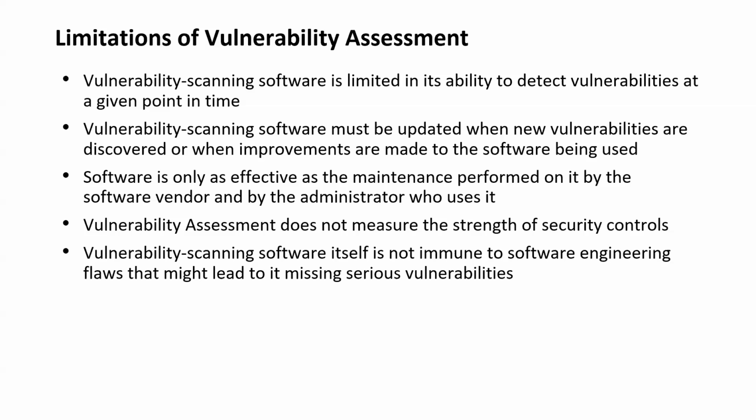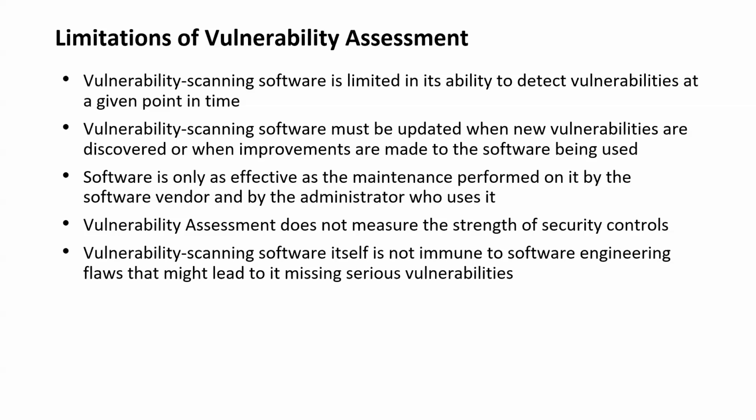And in vulnerability assessment, the main objective is not to identify or measure the strength of security controls, but whether we have weaknesses present in the system or not. So that is the main objective. We do not perform vulnerability assessment to measure the strength of security controls. For that, we do pen testing, and we try to exploit those weaknesses in the system and see whether we can get inside the system or not.